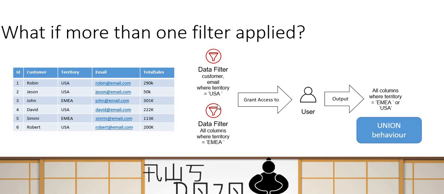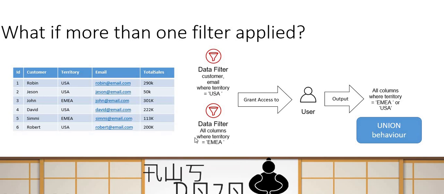For instance, in this particular example, if you look at the columns here, I have all columns. Here I have customer and email. So if you union both, it comes out as all columns, because all columns already include customer and email. So column-wise, my access will be all columns. And then similarly, row-wise union behavior also applies. Here the rows are filtered to USA.